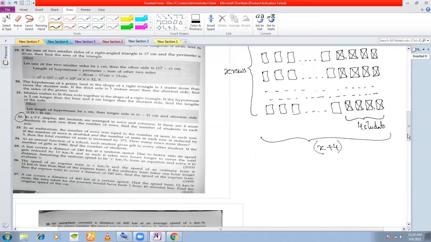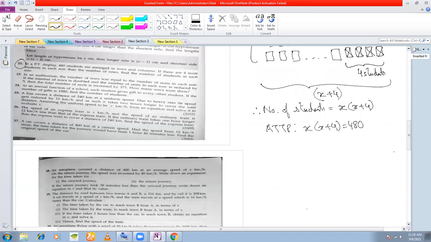So therefore, what is the number of students here? x into x plus 4. And according to the problem, how many students are there? A total of 480 students. So x into x plus 4 must be equal to 480.